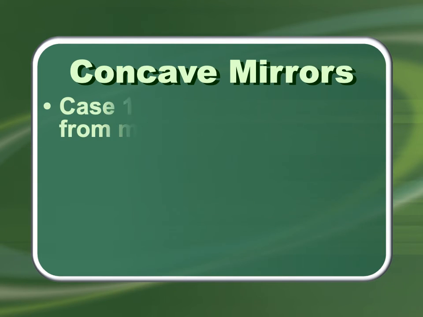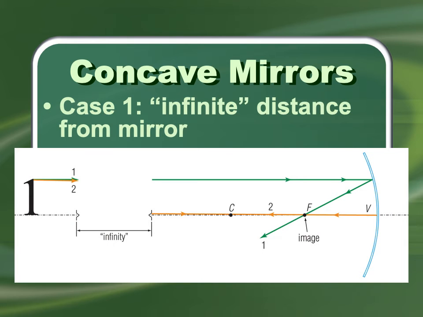All right, case 1, this is where the 1 is an infinite distance from the mirror. And you'll notice that line 1 goes parallel and hits the mirror and bounces back. Line 2 is coming in from a really, really long distance, but it technically goes through the focal point parallel also and bounces back through the focal point, which means that you end up with effectively no image at all. It's a pinprick at the focus.